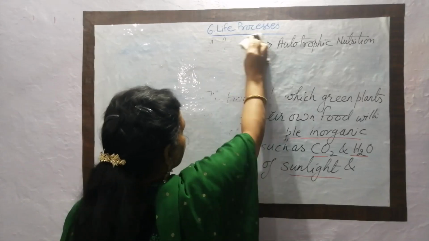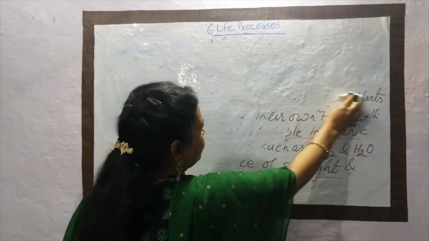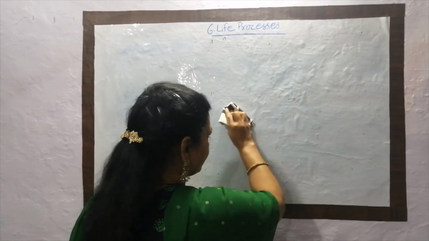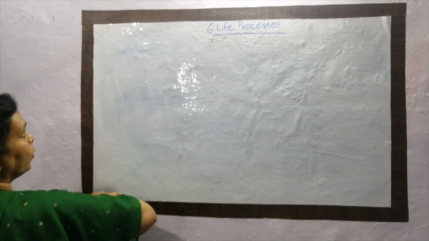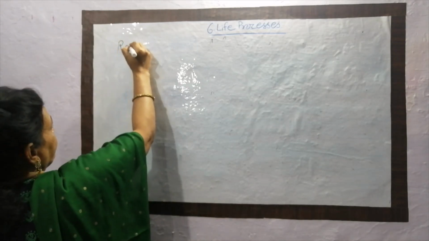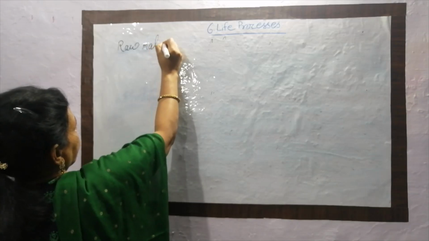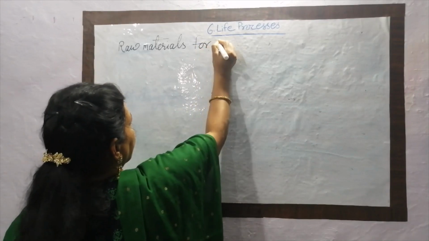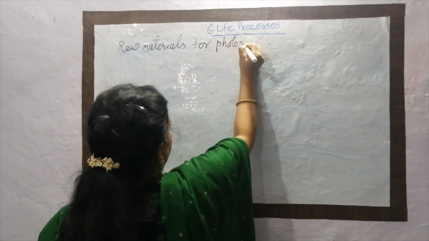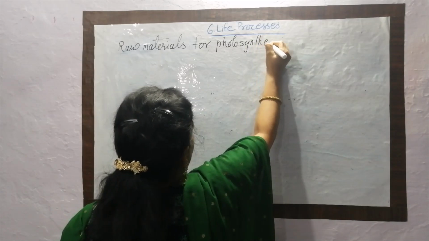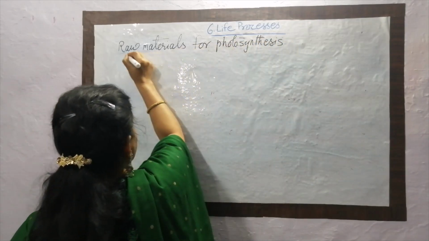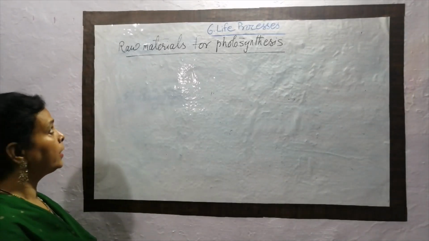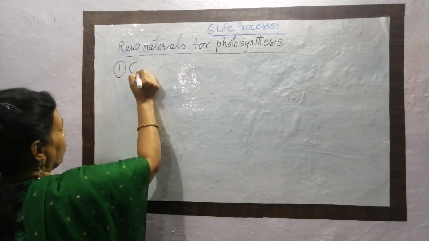Now raw materials for photosynthesis. The two basic substances that we call the inorganic substances, that is first carbon dioxide.